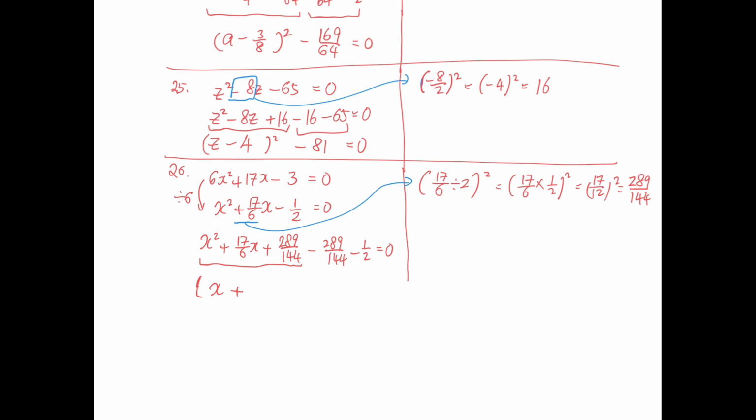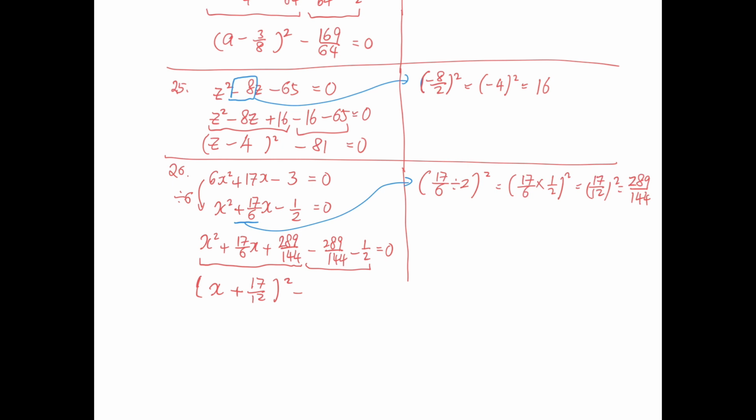Like just now, we always take this and divide by 2. So where you can refer here, take this divide by 2 and end up with 17 over 12 as the result. So we have to add 17 over 12 and then we square. And for the last two terms, we just press calculator.